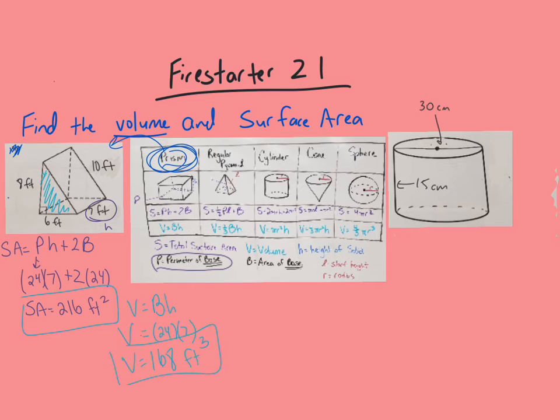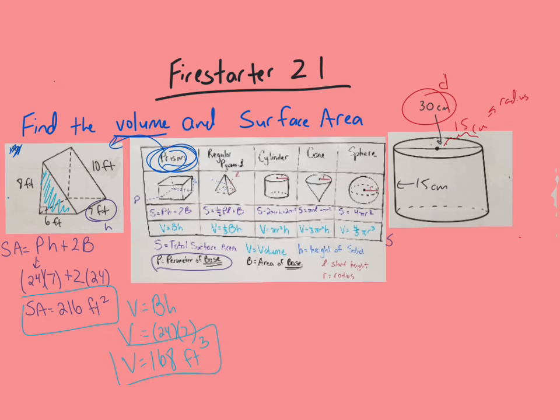Alright. So for the next one, the big thing we need to understand right away is that this is the diameter. Right? I need a radius. So that is 15. Okay? That's the radius. Alright, so my surface area formula, pretty easy.